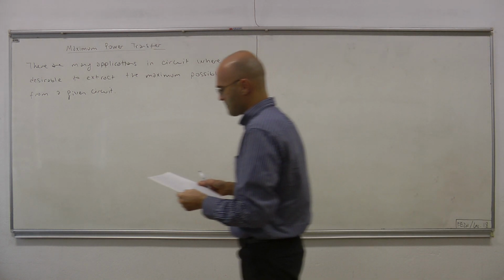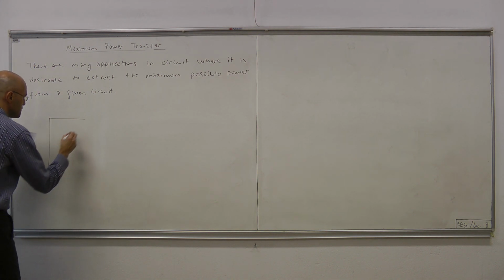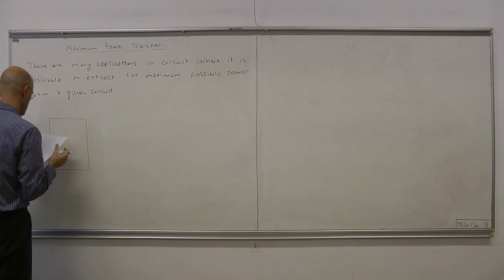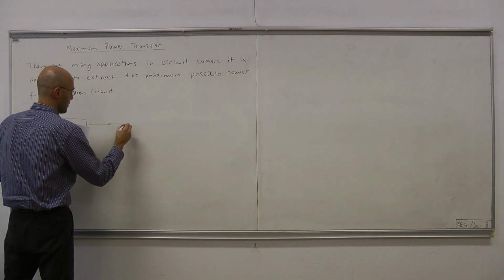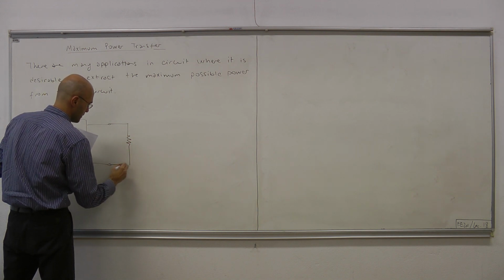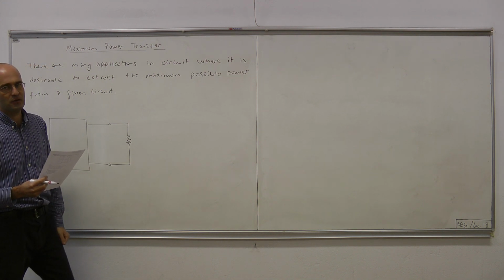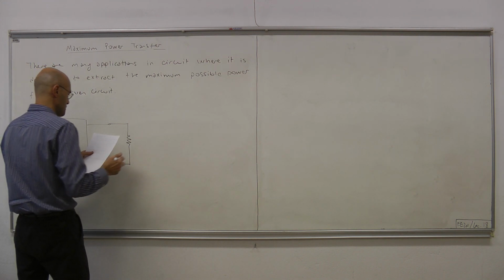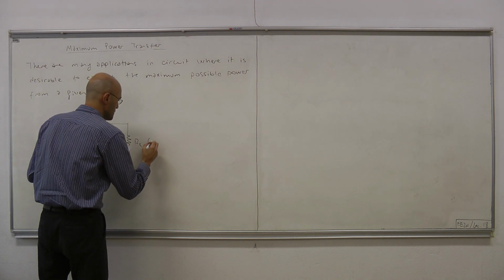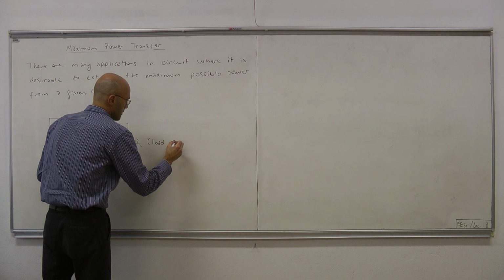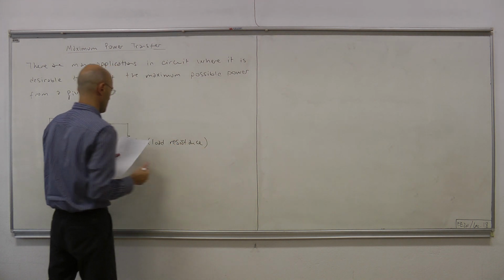Now, this is how we can model the situation. For many situations, we have our component. Let's call that the load, and that load we can model with an LTI resistor. The resistance is called the load resistance, RL.